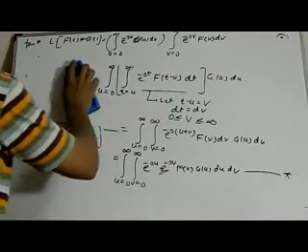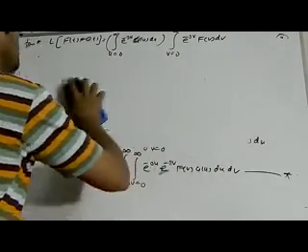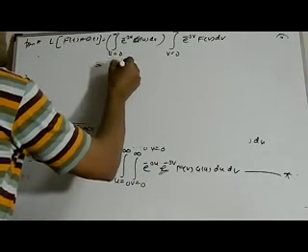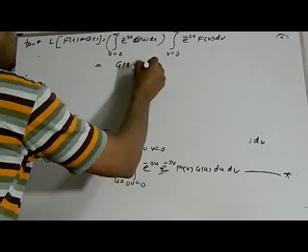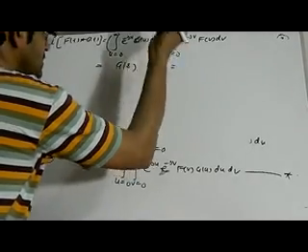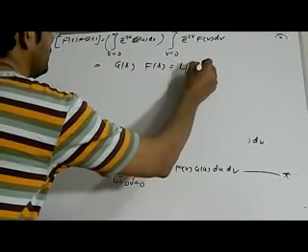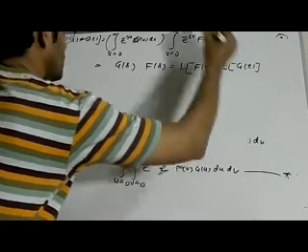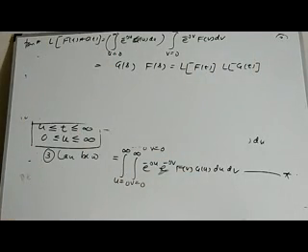Now I can remove this part also. So it is nothing but g of s and f of s, which is the same as Laplace of f(t) into Laplace of g(t). So this proves the convolution theorem.